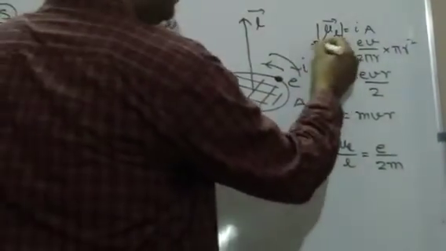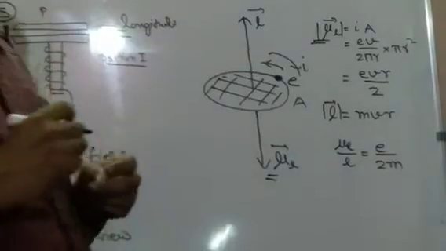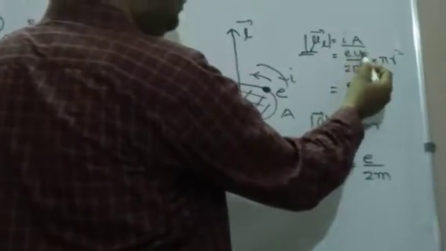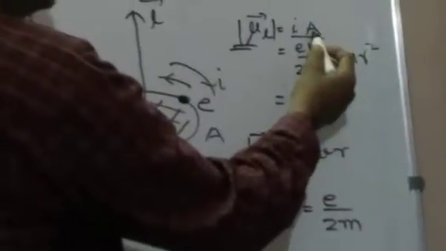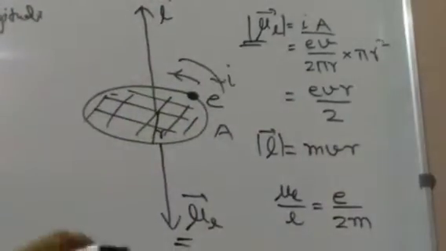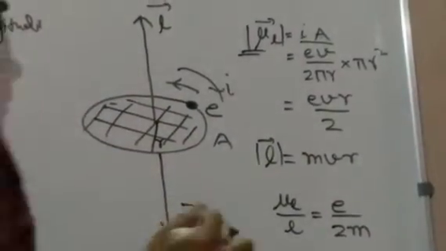So this will be the orbital magnetic moment, whose magnitude is I into A. Here I is eV upon 2 pi r, and A is the area enclosed if you consider that the radius of the orbit is r in a simplified model.